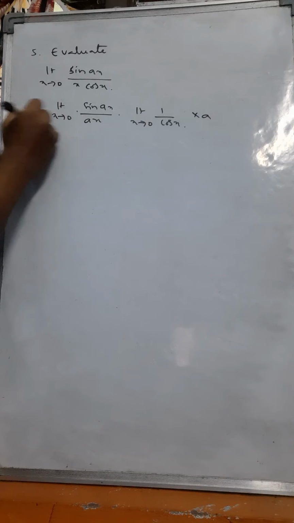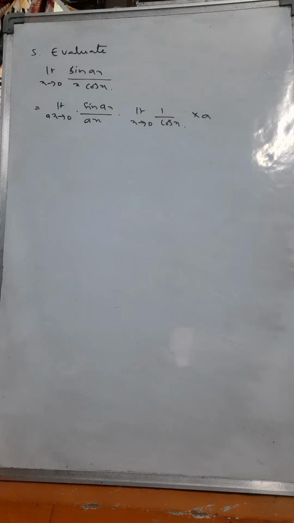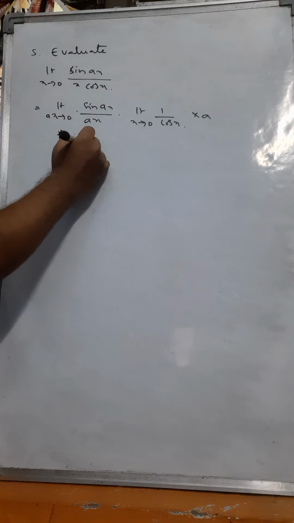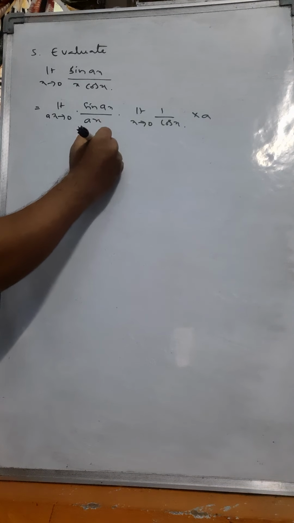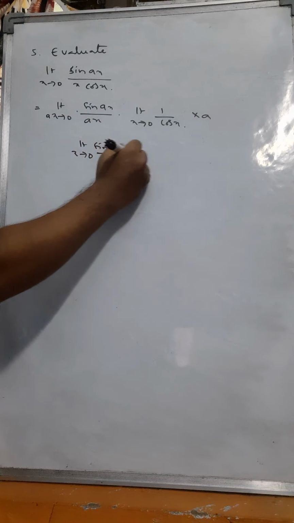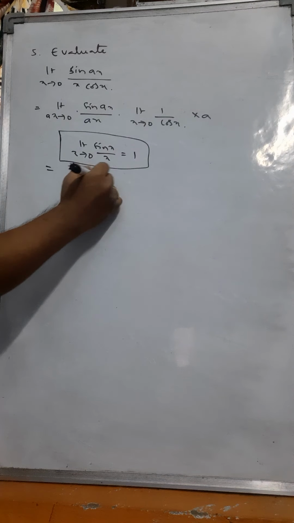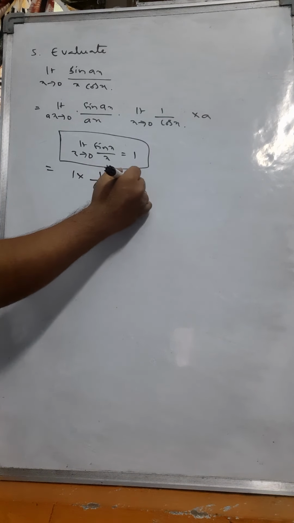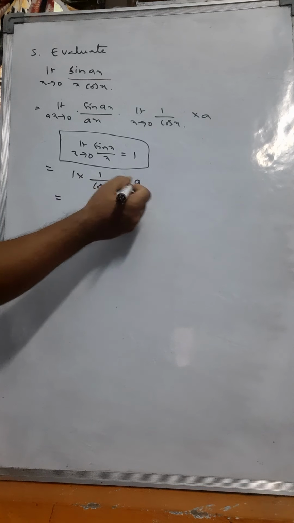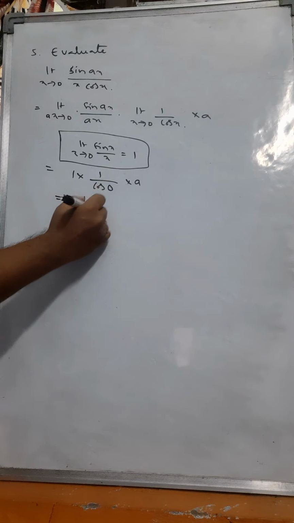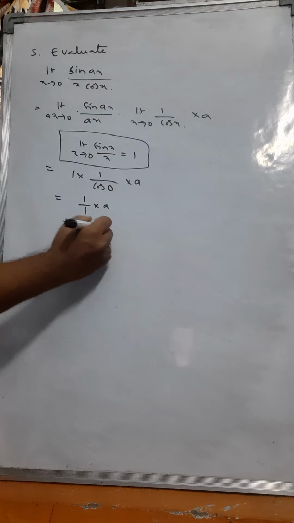Then x tends to 0 means ax tends to 0, so it is in the form limit x by x equal to 1. So this is 1 into 1 by cos 0 into a. What is the value of cos 0? 1. So 1 by 1 into a is equal to a.